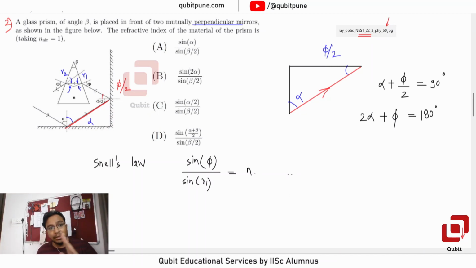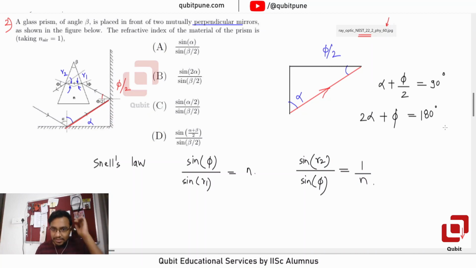And then if we apply it on the left face where the ray is emerging out, it would be sine of R2 upon sine of phi, angle of incidence is now R2 and angle of refraction is now phi. But this time, because it is traveling from denser to rarer, it will be 1 upon n.